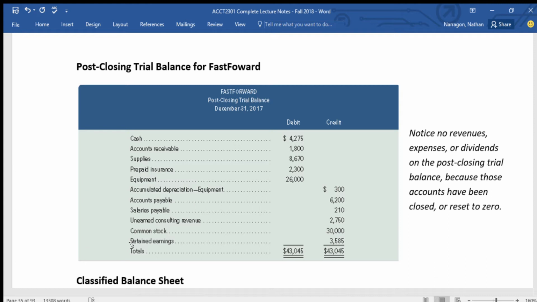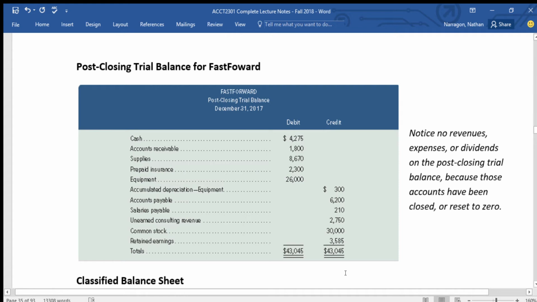Now, you can see they should balance, and they're going to be roughly the same as your balance sheet. The only difference is this accumulated depreciation. Since it's actually a credit on the trial balance, it's going to raise this side by 300 and lower this side, or about 600. But that's going to be the only difference.